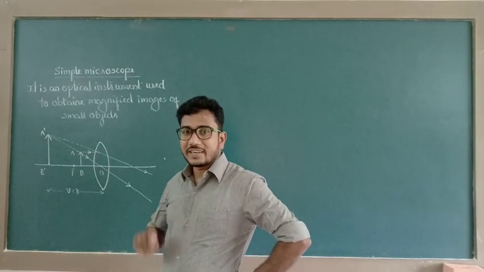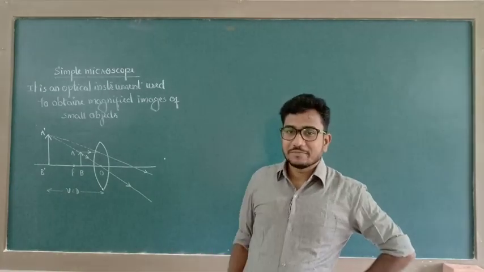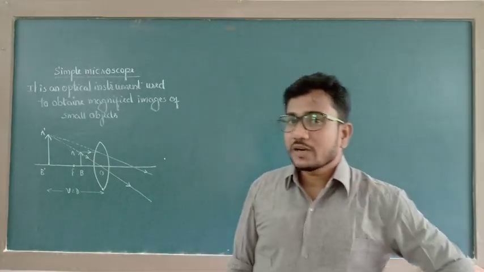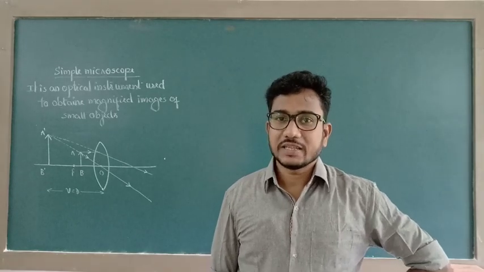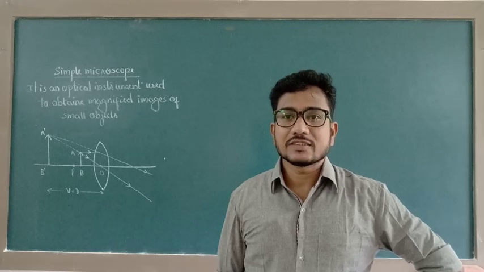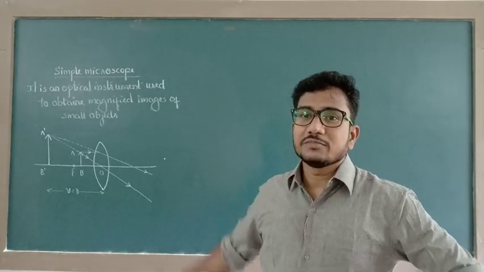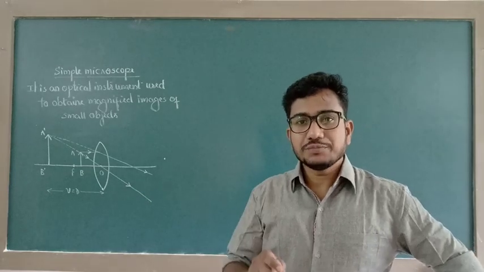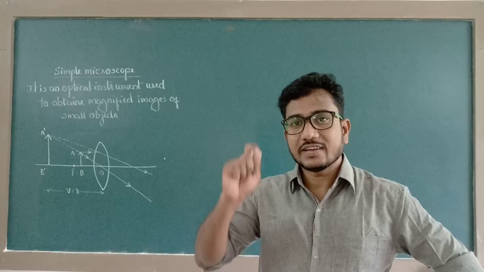No, we cannot say like that, but it appears like that. So to overcome this difficulty, we are going to prefer a method in order to analyze the size of the image and the size of the object. That is, during such arrangements, both object and image lie at the same position.